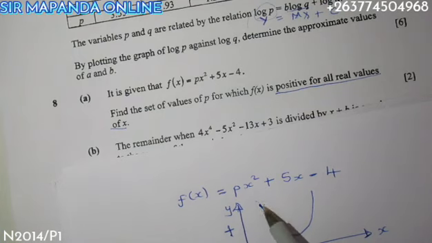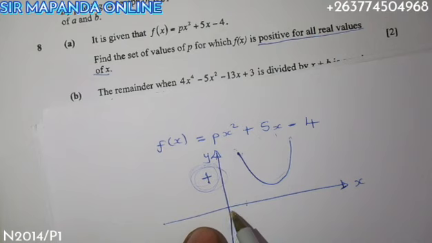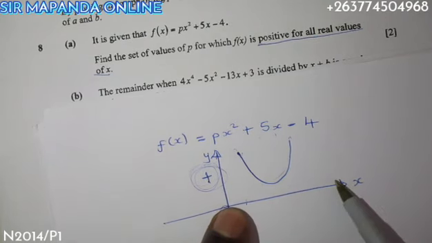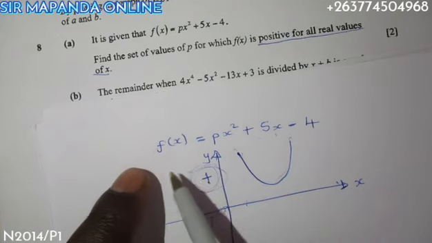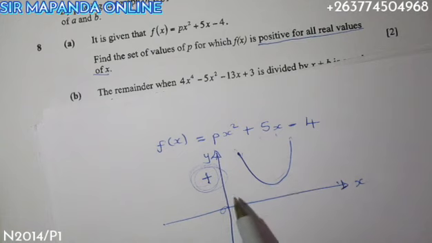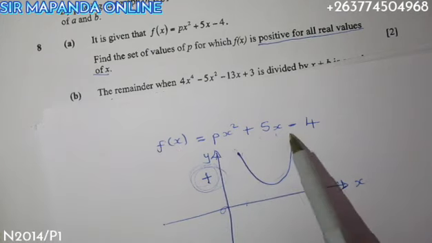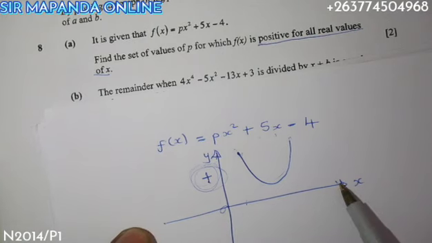This implies that px squared plus 5x minus 4 is positive for all real values of x. So for whatever value of x on the number line, if I insert it into f of x, you are going to get a value of y which is positive. So it means the graph is not intersecting with the x-axis.